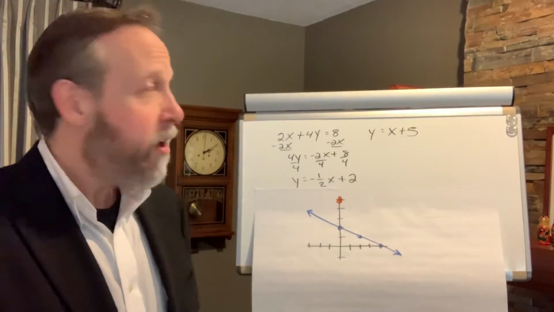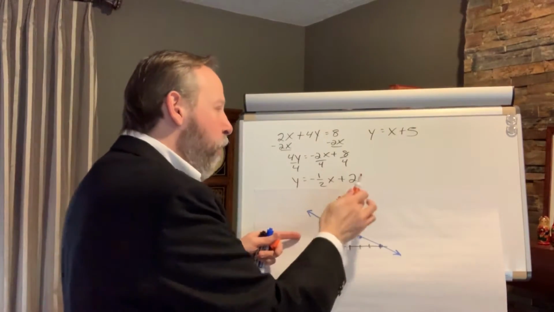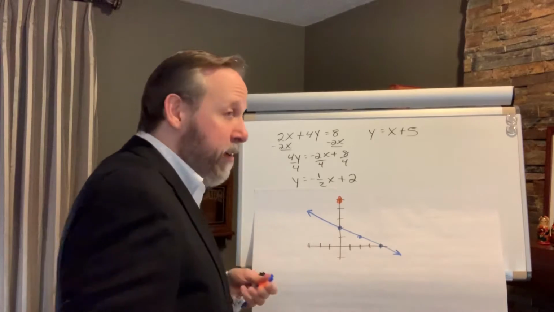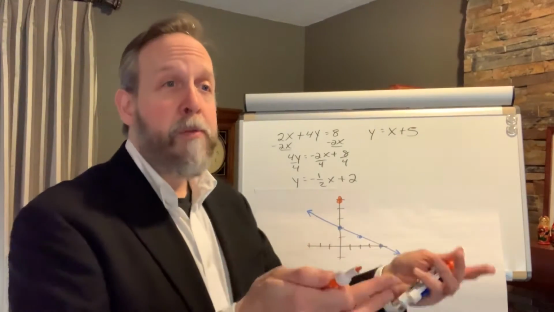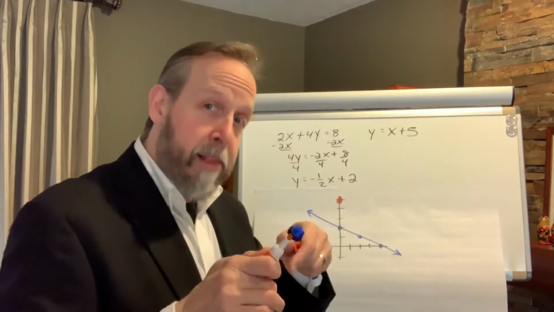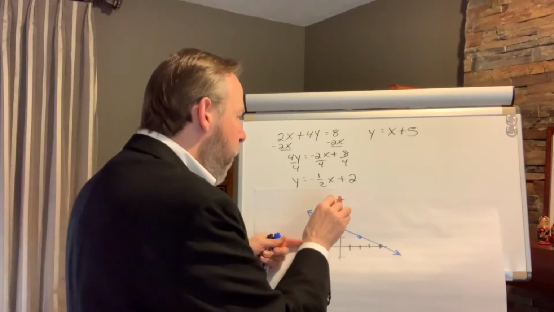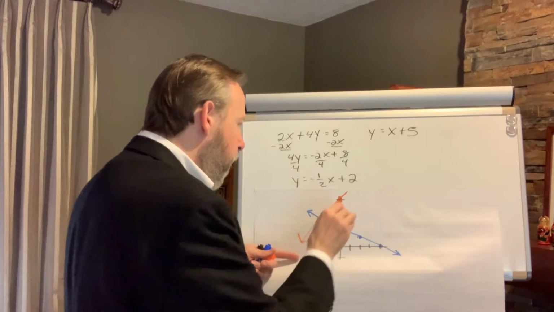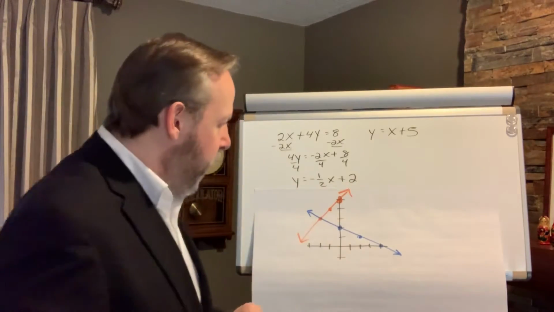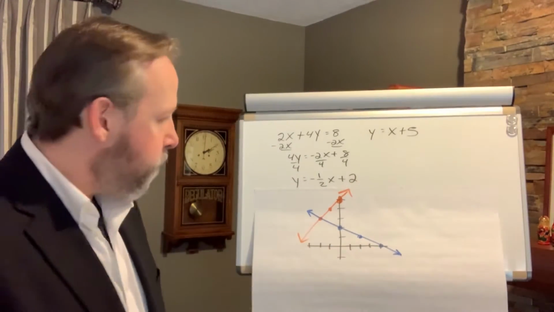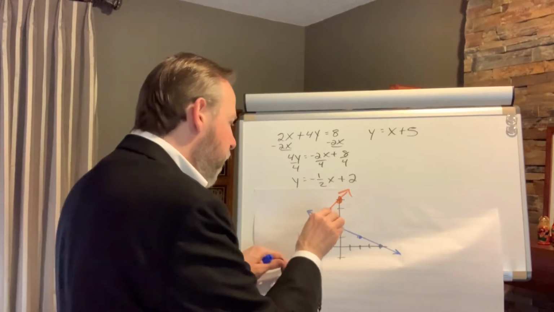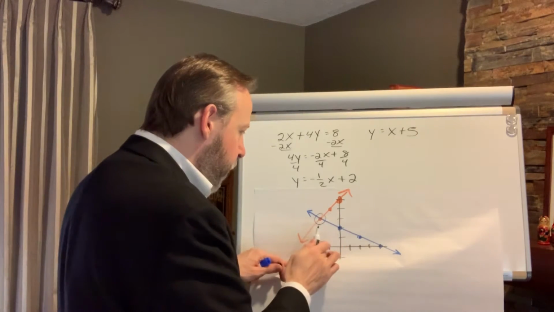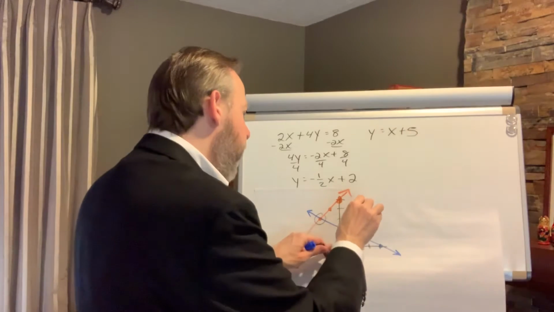I can't really go up and over because I ran out of room, so I'm going to do what we did before. When I can't go up and over, I will go down and to the left. So here and also there, and what I can see is that it's crossing right over here. Looks like it's negative 2 and positive 3.